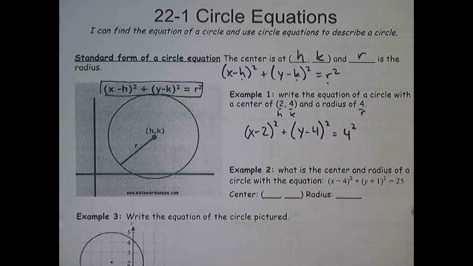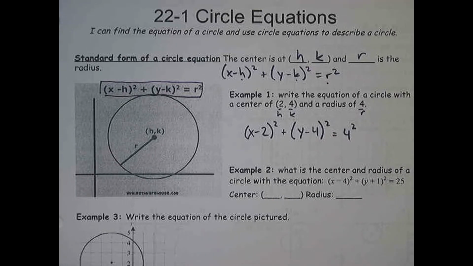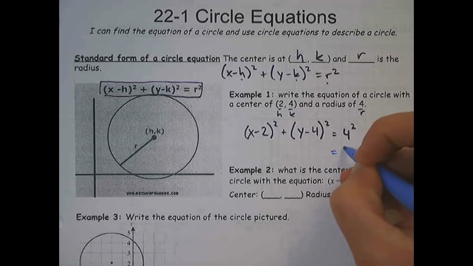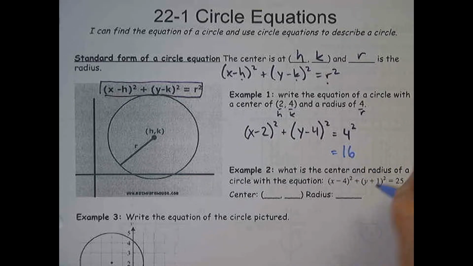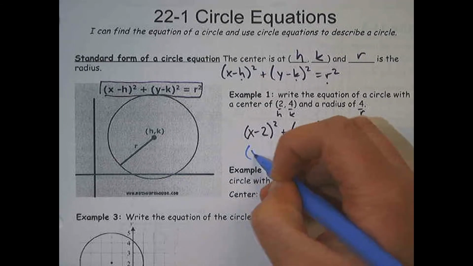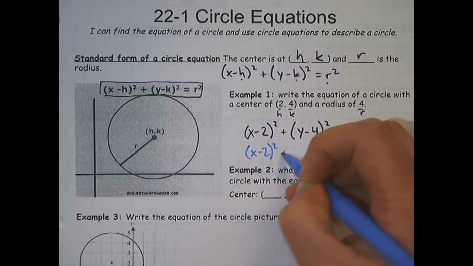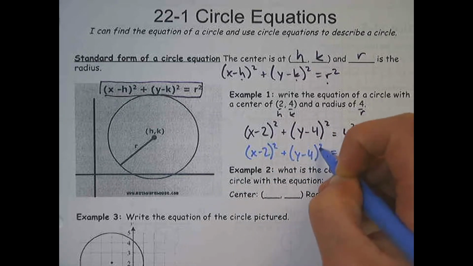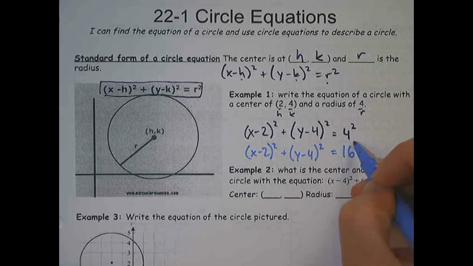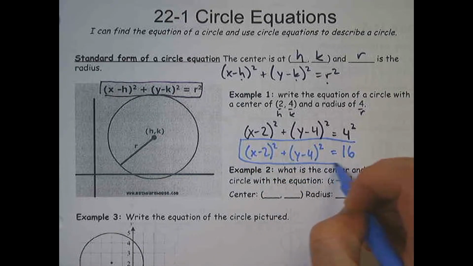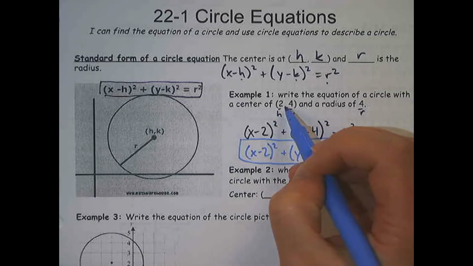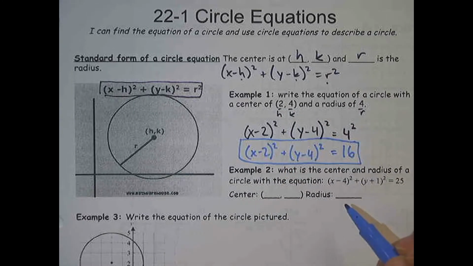And since 4 squared is an actual number, we can replace that with 16. And we can leave this as (x minus 2) squared plus (y minus 4) squared. And this would be our standard form for an equation of a circle with the center at (2, 4) and the radius of 4. So that's one thing we can do if we're given a center and a radius. We can write an equation for our circle.